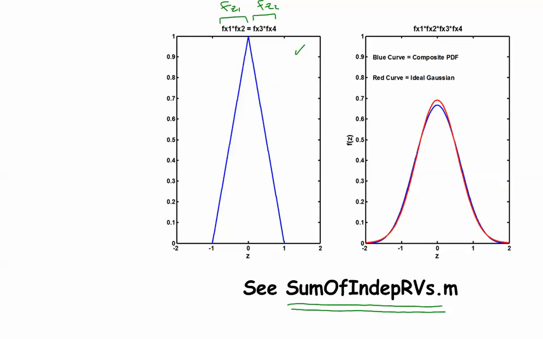Over on the right-hand side, I have the result of convolving all four of my probability density functions together. You'll notice that the blue curve is f sub z of z, and my red curve is an ideal Gaussian.